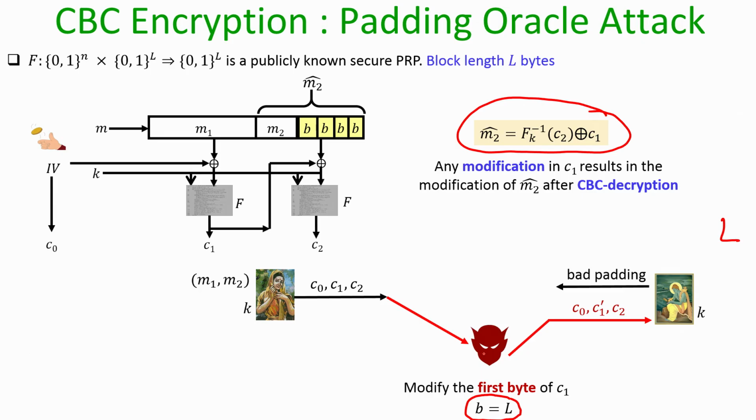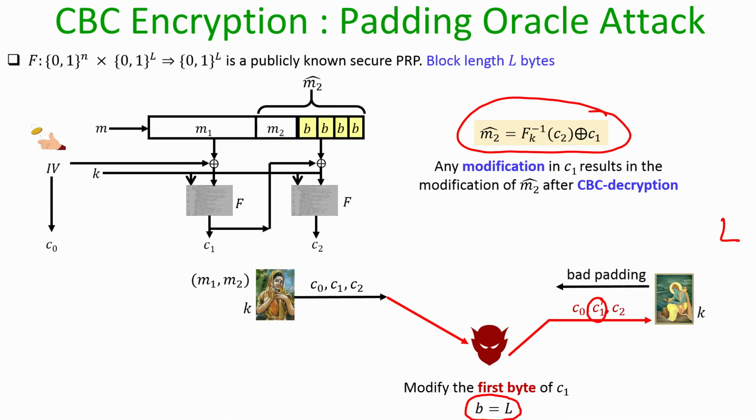But what the adversary has done is, it has made changes in the first byte of the first ciphertext block, which would have actually changed the first byte of the recovered second block, which will not be the same as the value L, and only then would the decryption algorithm have thrown the error message bad padding.